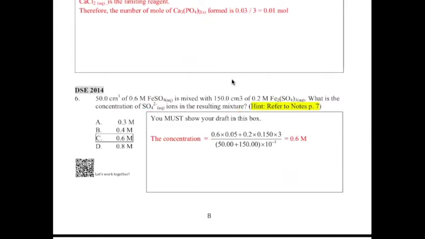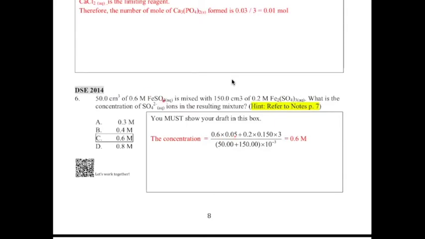A lot of you have managed to work out the number of mole of sulfate from iron 2 sulfate. You just need to multiply the molarity by the volume, and do the unit conversion. So it should be 0.6 multiplied by 0.05.